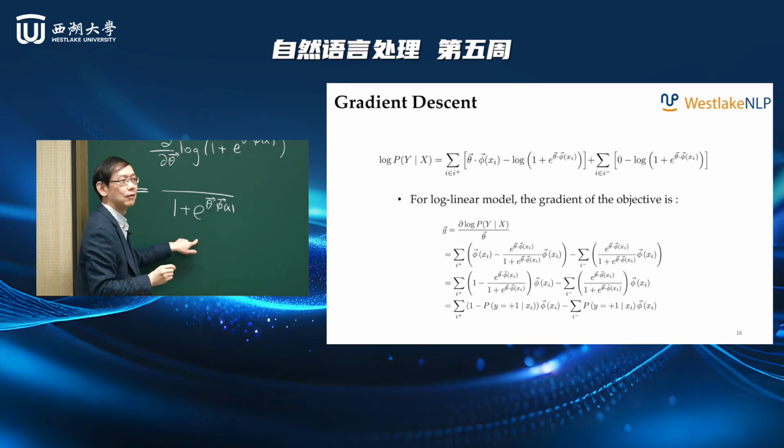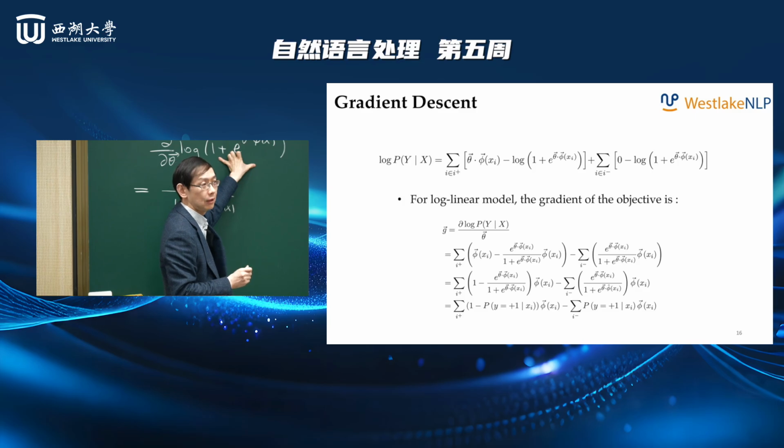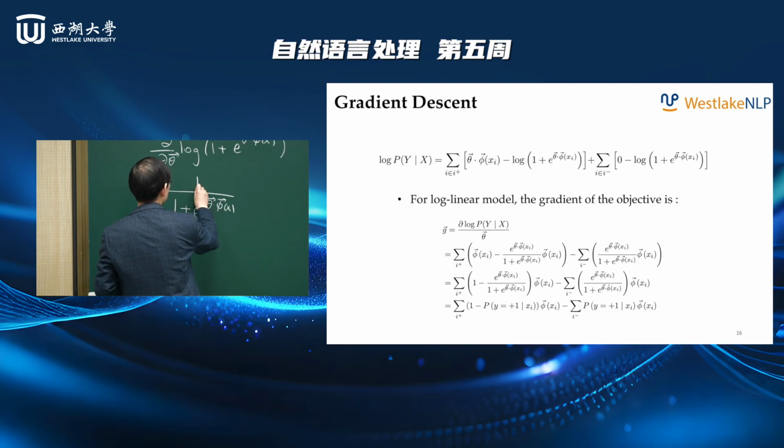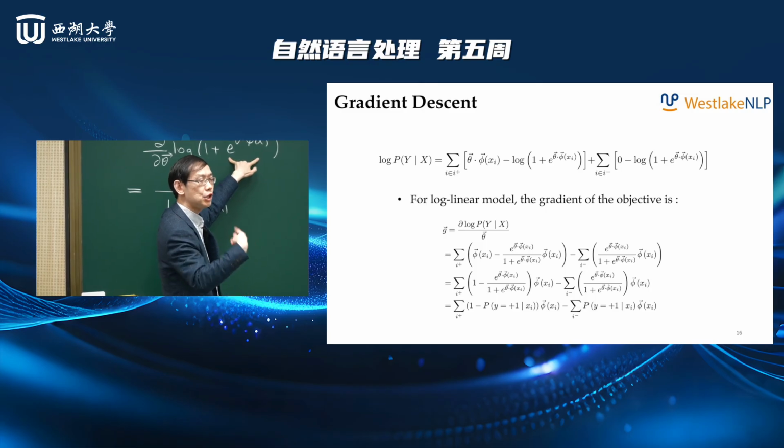1 over this something, right? And then you take the derivative of this thing with respect to theta. So this thing with respect to theta, what is it? 1, constant, has 0 gradient. And this thing, e to the power of something over theta, and then chain rule again.